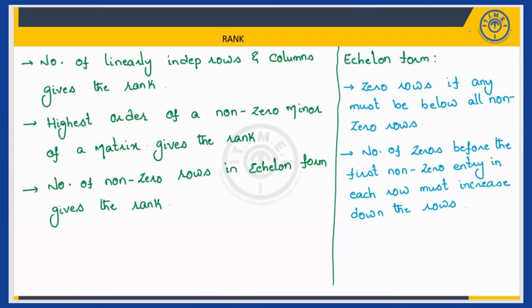And if I put one more condition, that the first non-zero entry in each row is 1, then we say it is a row echelon form.